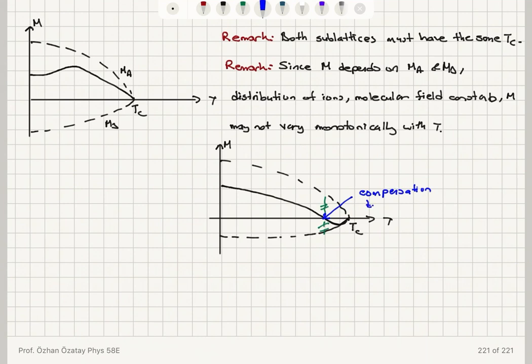So at a certain temperature, the A and B sublattice exactly cancel each other, and there it behaves like an antiferromagnet. So A, B magnetizations cancel each other at the compensation temperature.